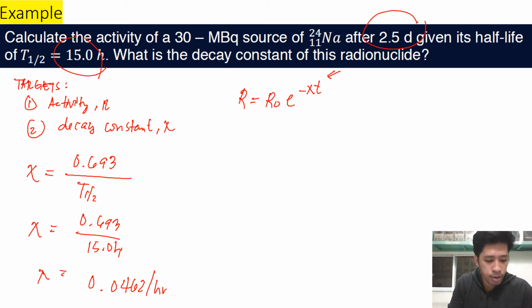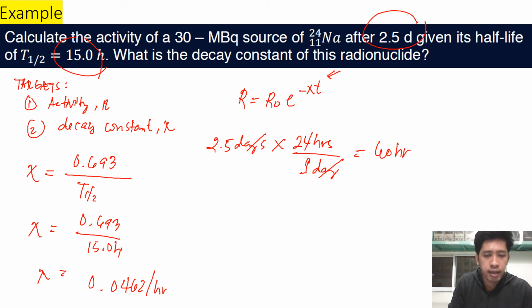So your 2.5 days, there's some conversion. You know that one day is composed of 24 hours. So you have one day, and your day unit will cancel out, and you will have here 60 hours. Now we can use this, your 60 hours, to calculate for the activity.